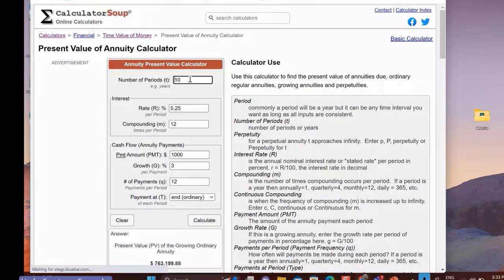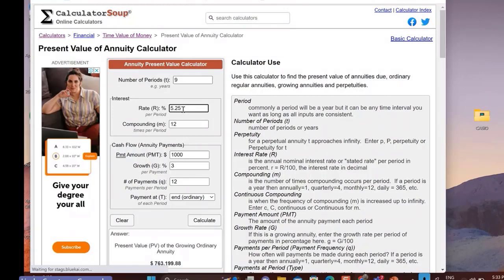Then the number of periods, we know our T, we said our T is equal to 9. Yes. And then our rate, you don't put it as a decimal point, you put it as 7.5. And then we said the compounding periods is 12. Okay.